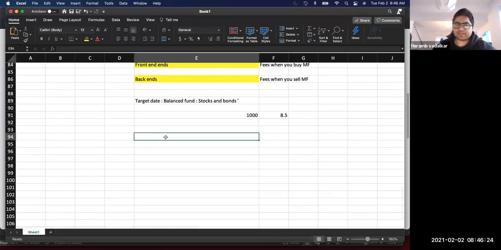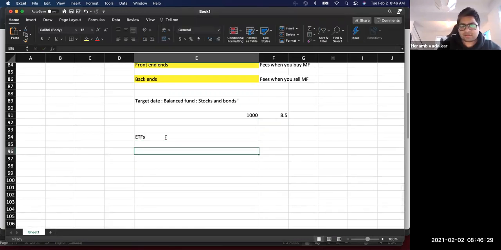Now, common ETFs that you can buy and generally investors look at, the first ETF is Canadian broad market, or rather than broad market, Canadian TSX composite.